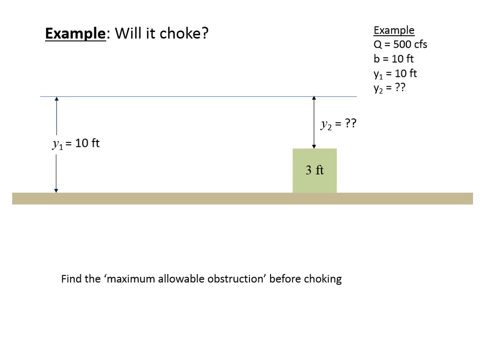We can combine things together and we'll get 7.388 is equal to Y2 plus 38.82 divided by Y2 squared. And that leads to the cubic equation, Y2 cubed minus 7.388 Y2 squared plus 38.82 is equal to 0.